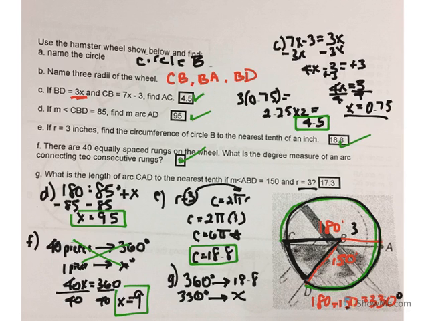Okay, so we cross multiply, and we get 17.3. Okay, which is the answer up here, so we're good.